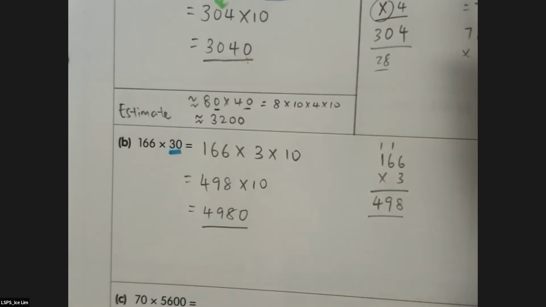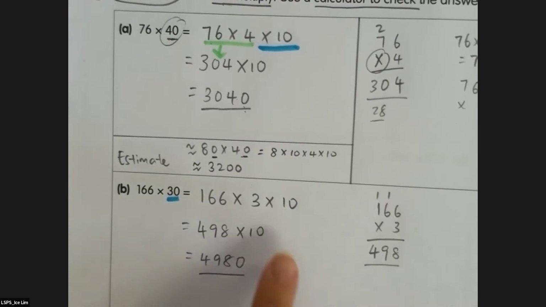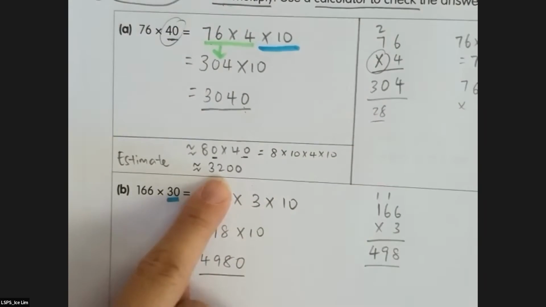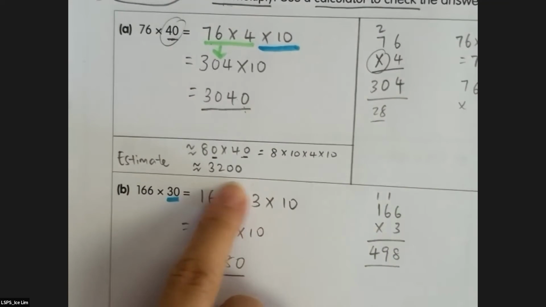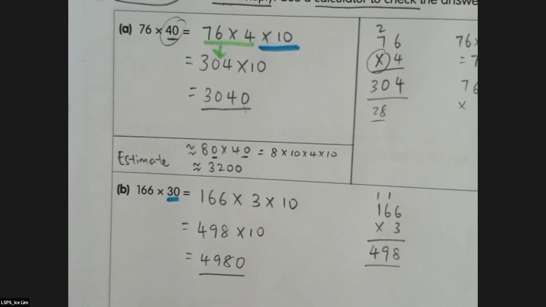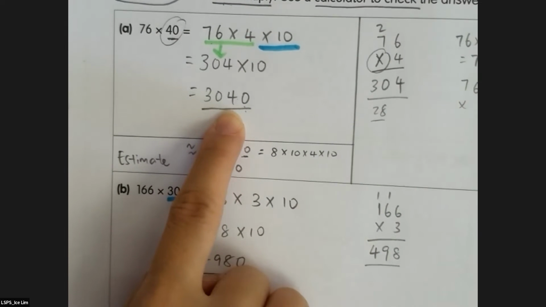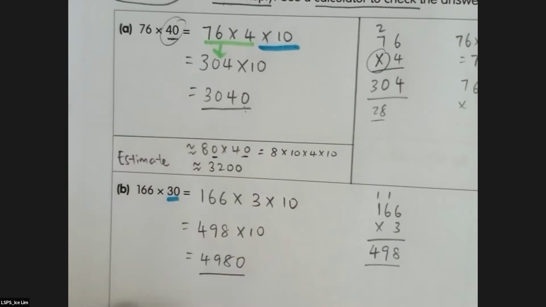Oh, I forgot to do an important step just now. Just now I estimated. Does the answer look close? Looks quite close, right? So this estimation step helps you check whether your answer is correct or not. If, let's say, your answer is like 304, then it's very far away, so something must be wrong. Okay? All right.